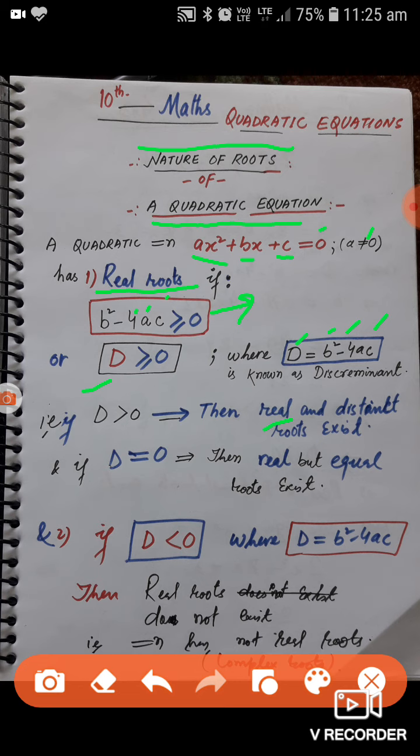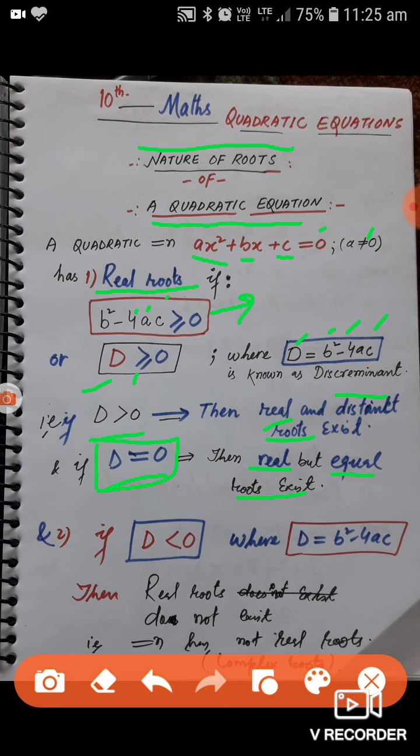Now the inequality has two signs together, that is the greater than sign and the equality sign. इससे हमें यह पता चलेगा if d is greater than 0, then the roots are real and distinct. So two different roots will exist, but they will be distinct. If d is equal to 0, that is the discriminant is equal to 0, then the roots are real but equal.